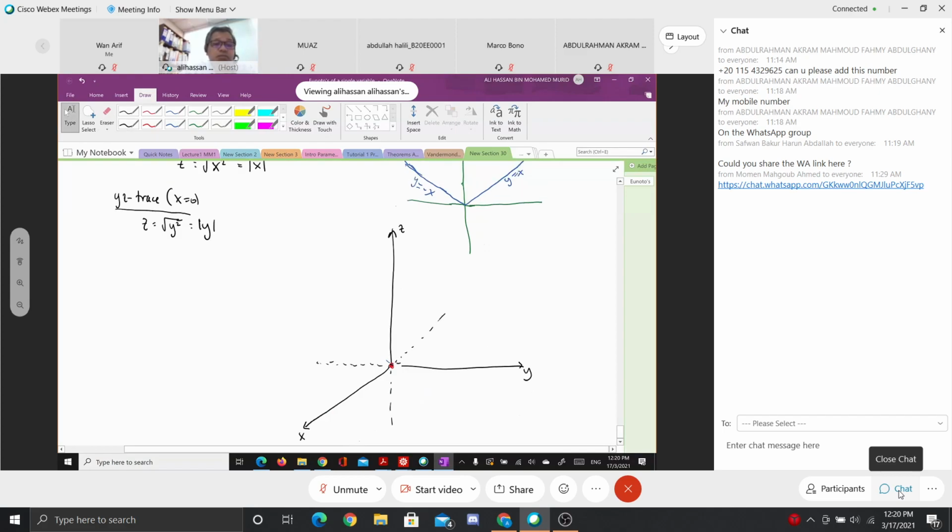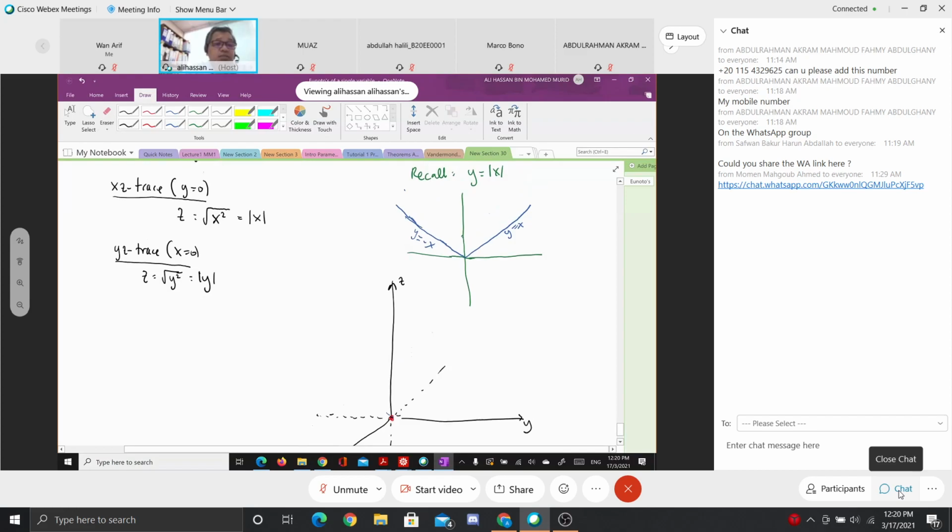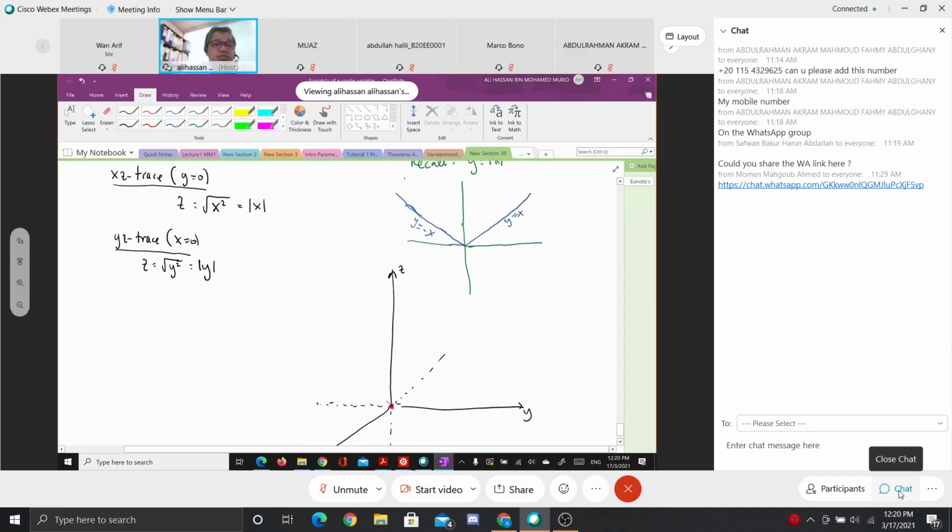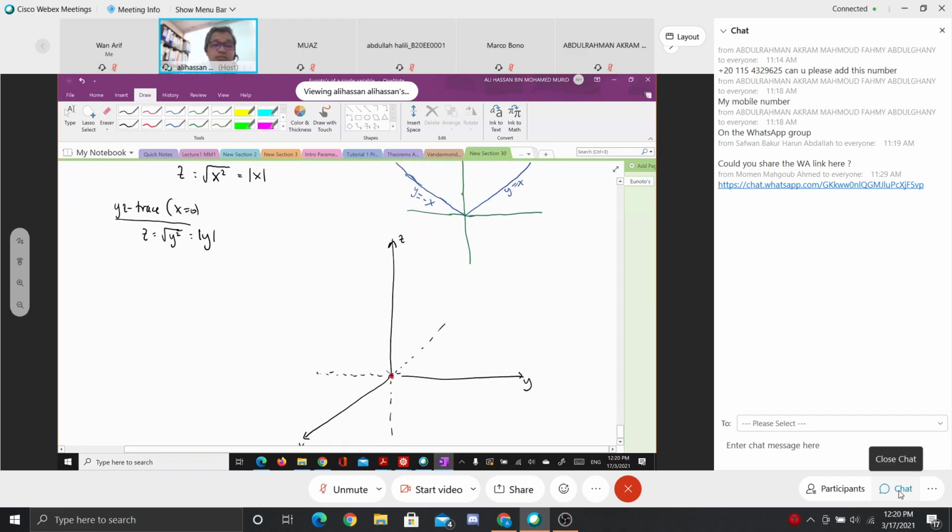Z equal to absolute value of x is on the xz plane. So I should draw maybe something like this. Then another curve is behind, on the zy plane. Something like this.